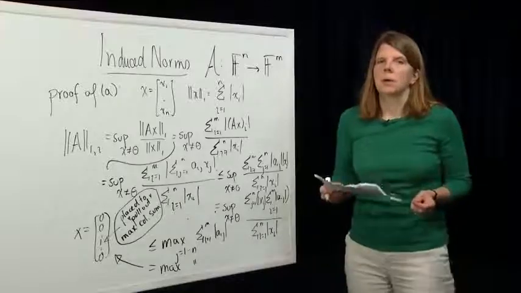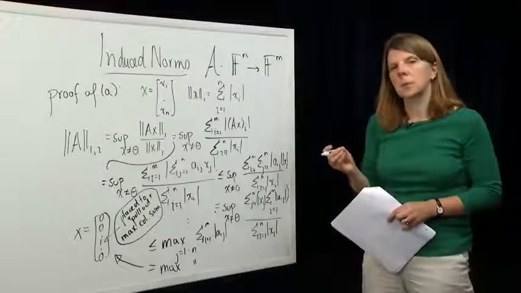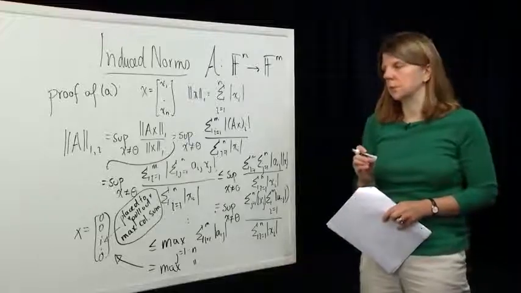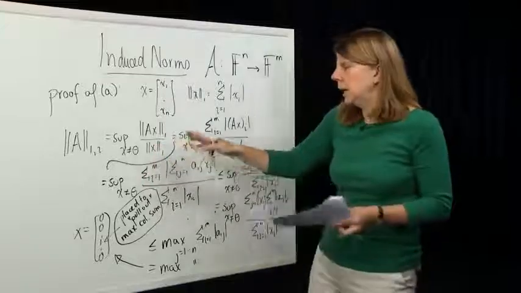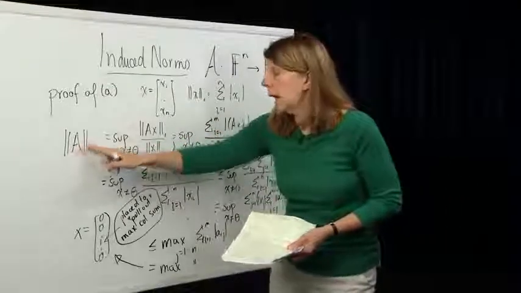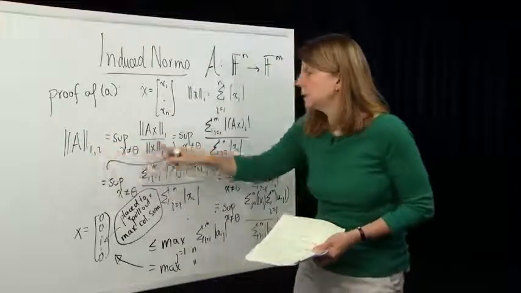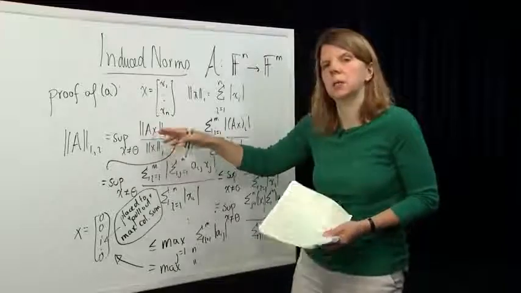Okay, so in today's module, what we've done is to study the concept of a popular matrix norm called the induced norm, by starting with an abstract definition of the induced norm. And we think about the norm on the matrix A as being that norm which is induced by the matrix multiplication operation.